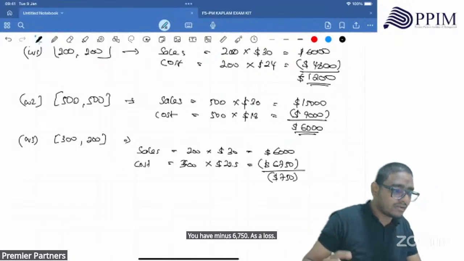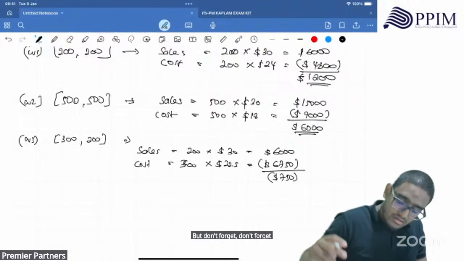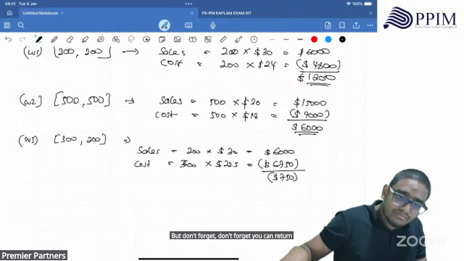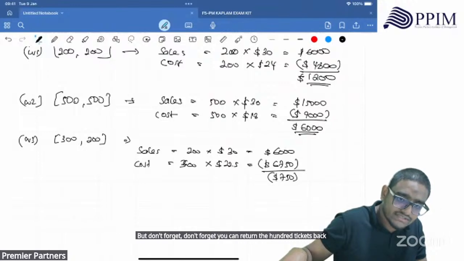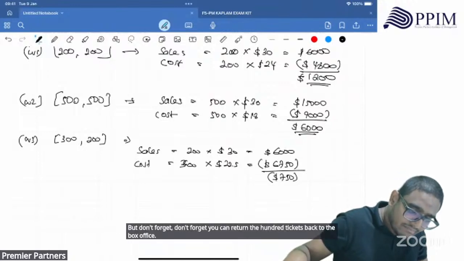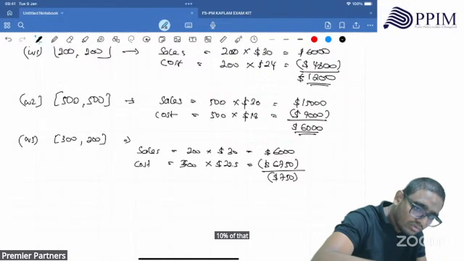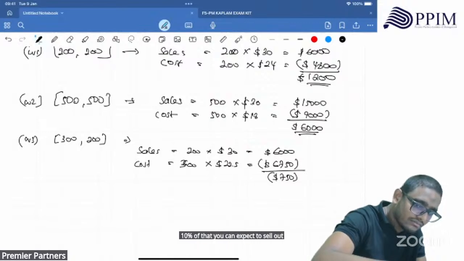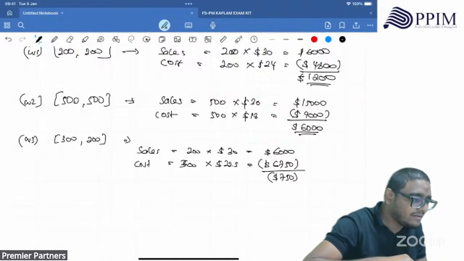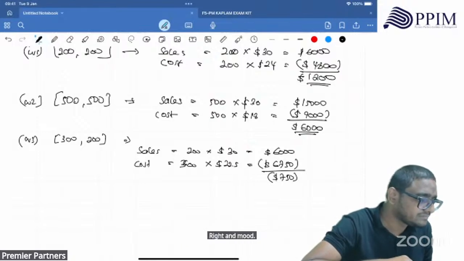But don't forget, you can return the 100 tickets back to the box office. 10% of that you can expect to sell out.